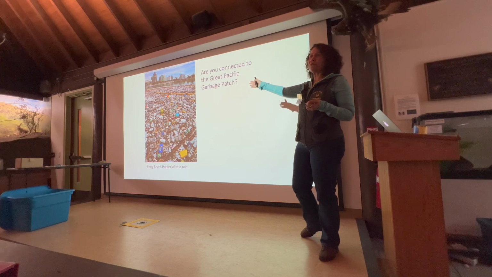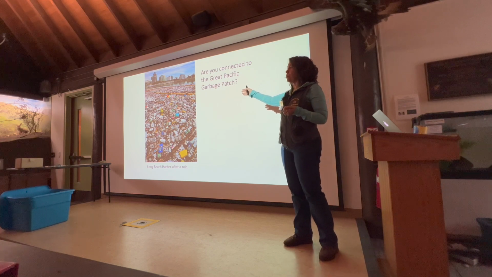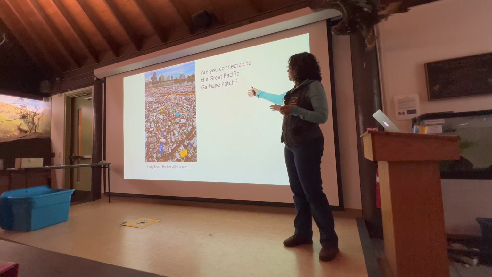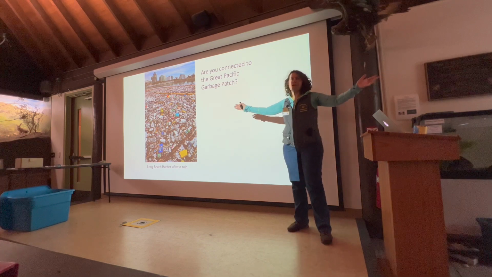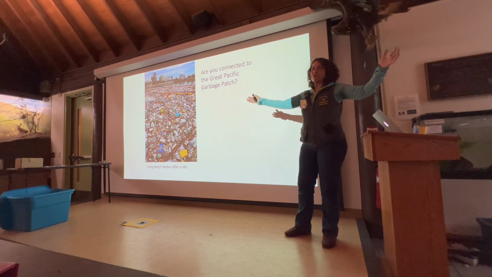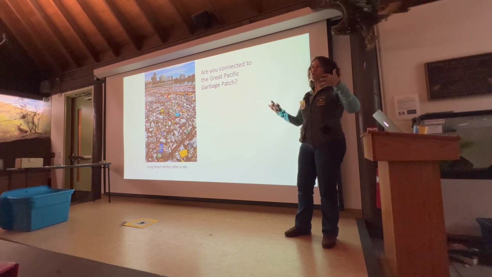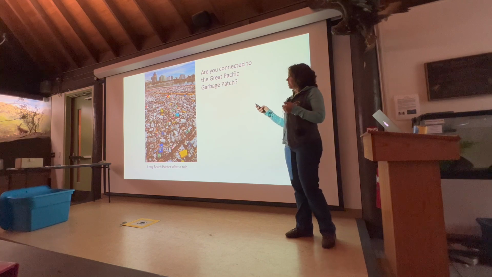The first rain of the season usually produces the most flow of garbage. So this is just the part of the garbage that floats, right? And they do put out booms to collect it because there's so much of it, right? But then there's also a lot of garbage that doesn't float, like shopping carts and stuff, and glass, bottles, other things.